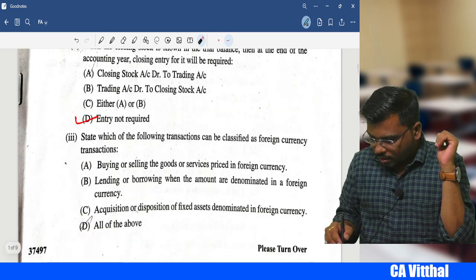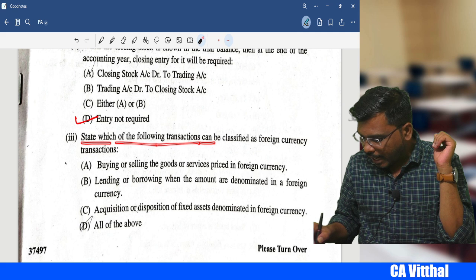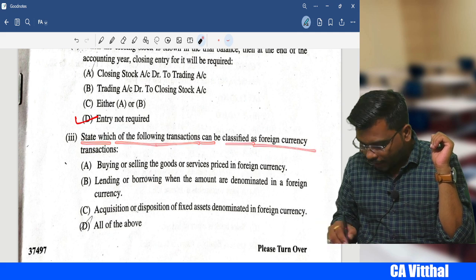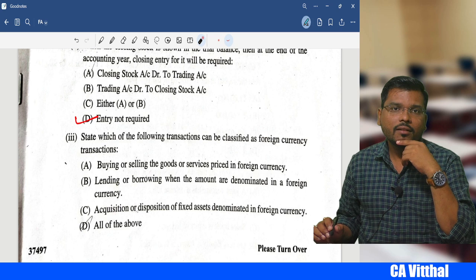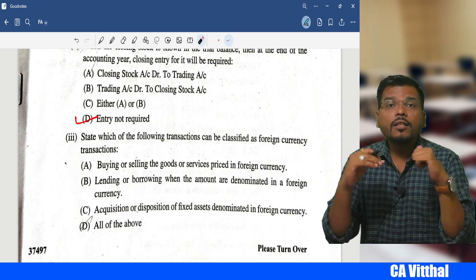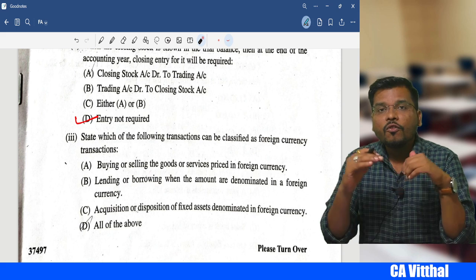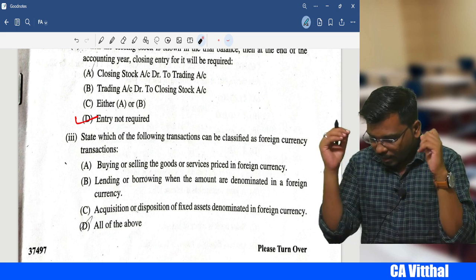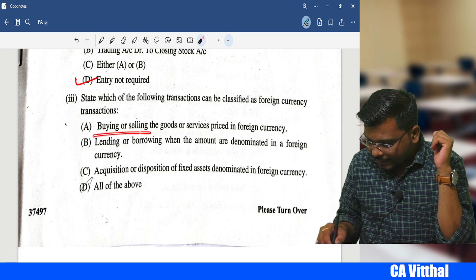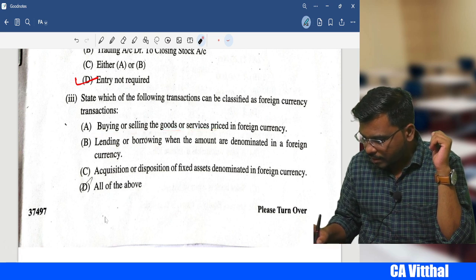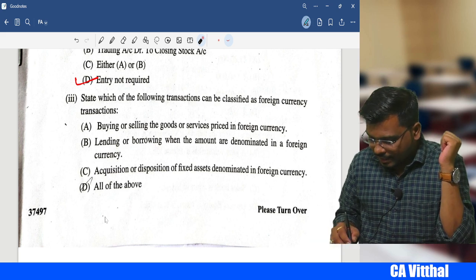Which of the following transactions can be classified as a foreign currency transaction? AS 11, right? And I have uploaded the video for AS 11 also, effect of changes in foreign exchange rates. Now what is the first one? Buying and selling of goods or services priced in foreign currency, yes, is a foreign currency transaction.